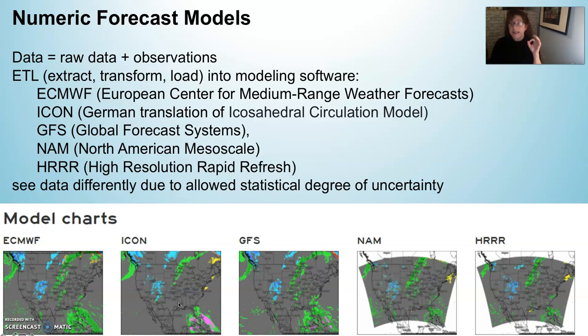A lot of these models deal with uncertainty in the data in different ways. And that's what you're seeing here. You're also seeing differences in how this model looks at this disturbance around Florida based on the data and the statistical degree of uncertainty. A very, very common model is the GFS, which is the Global Forecast Systems model.